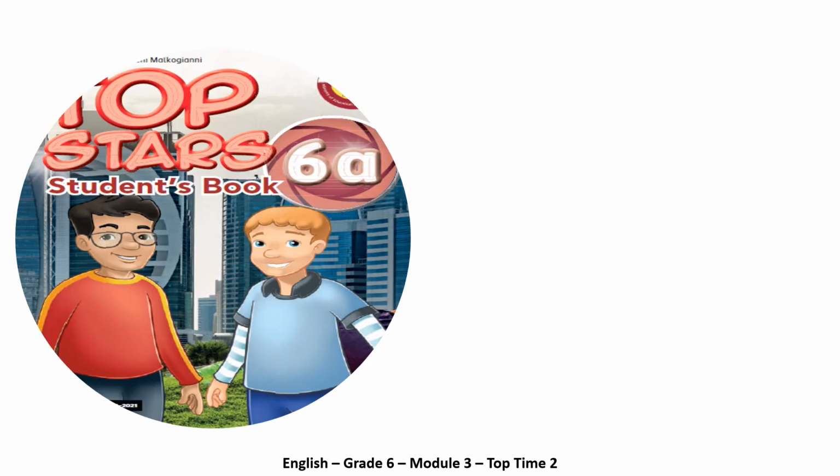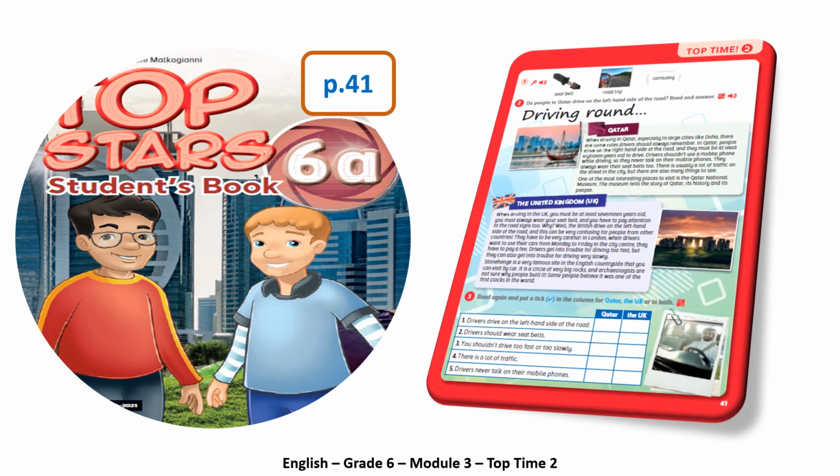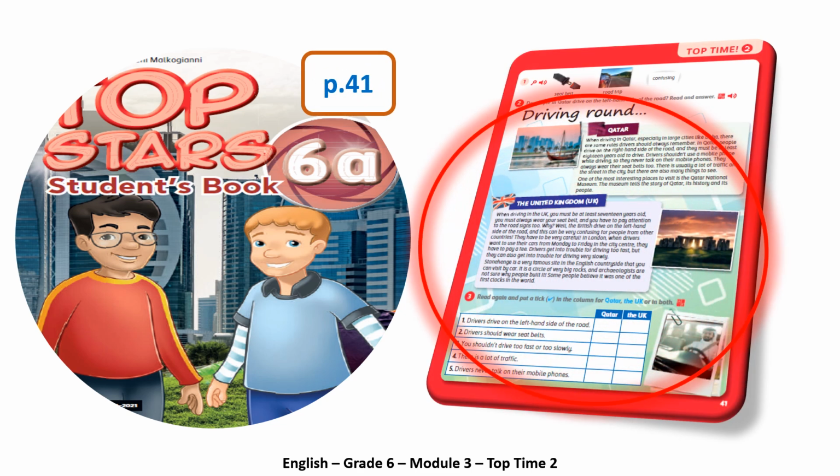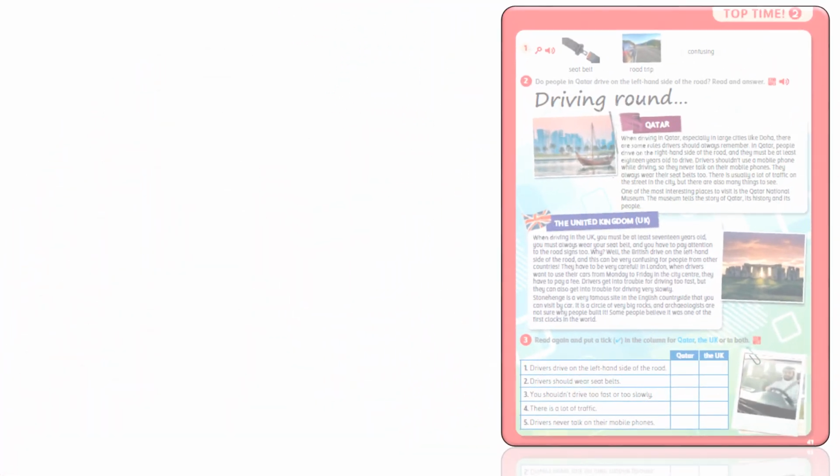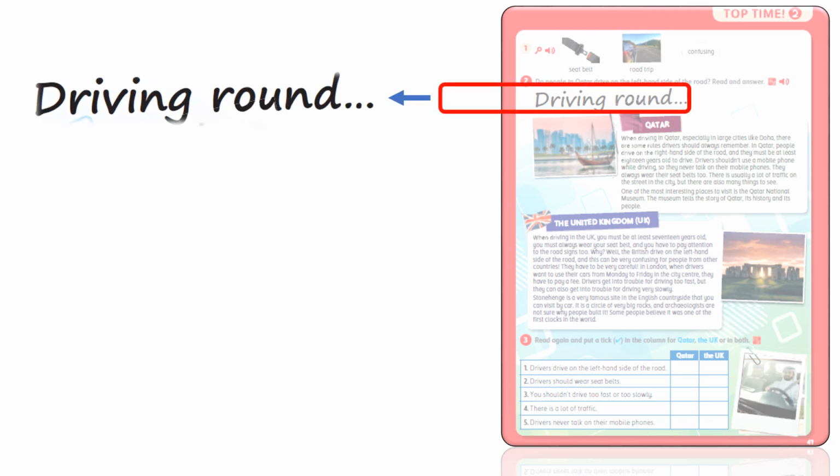Kindly go to your students' books, page 41, because we're going to work on this text to do exercise 3. Before we go to the exercise, let's have a look at this text, especially at the titles, and read them together. The main title is driving around.